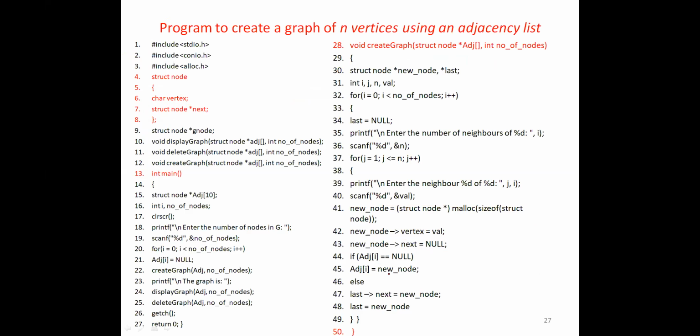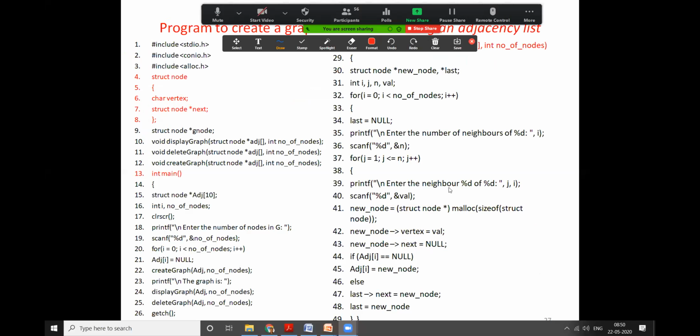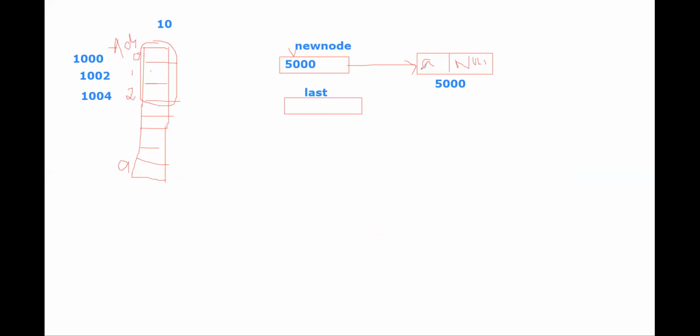Next, what am I doing? Then I have to check. I should connect this new node to this one, right? Now I have to store the 5000 here, because this is the first node of vertex 0 and its name is 2, that we know. For our understanding we said it is 2. The vertex is 2, so this should be connected here. Then I have to check whether it is null or not, whether a node or a vertex is already connected.